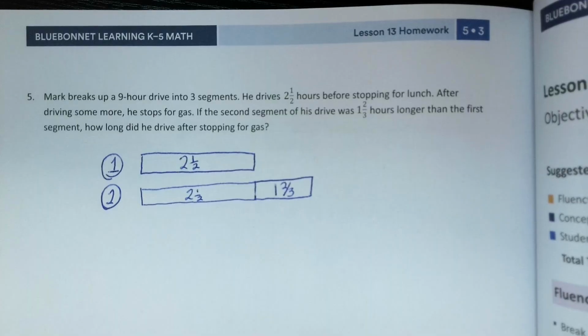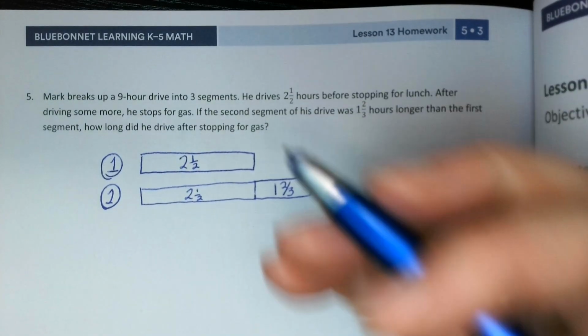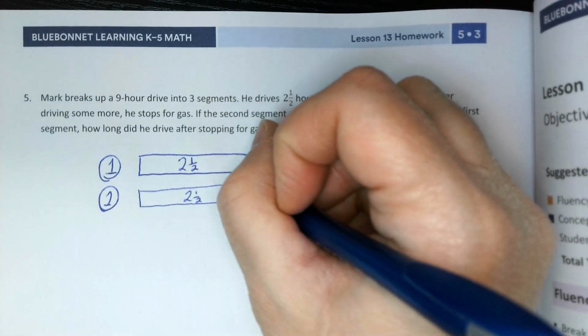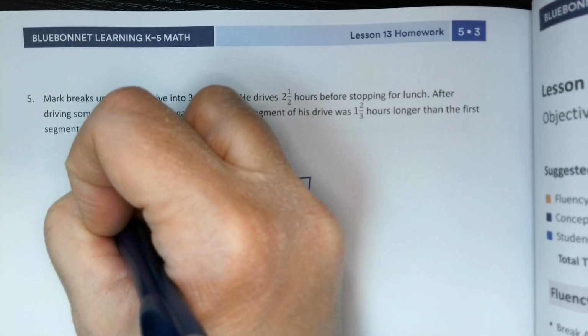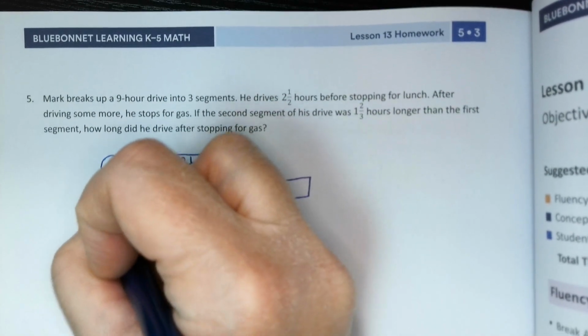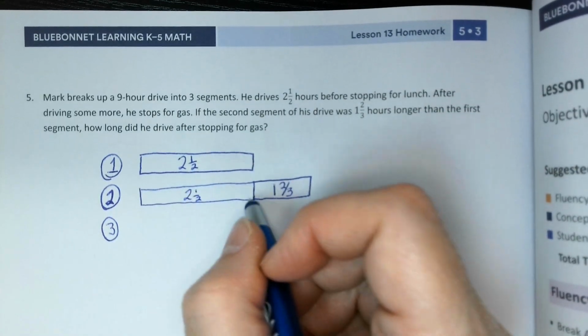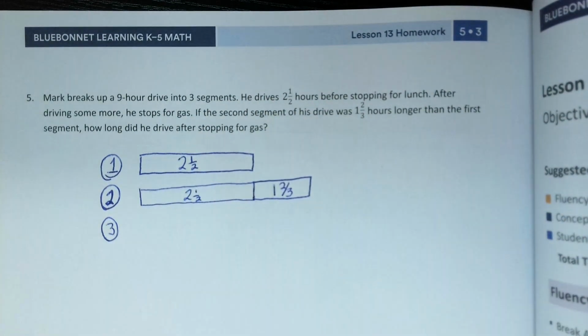How long did he drive after stopping for gas? So this is the segment where he stopped and bought gas. And they want to know after that segment. So here we have these.